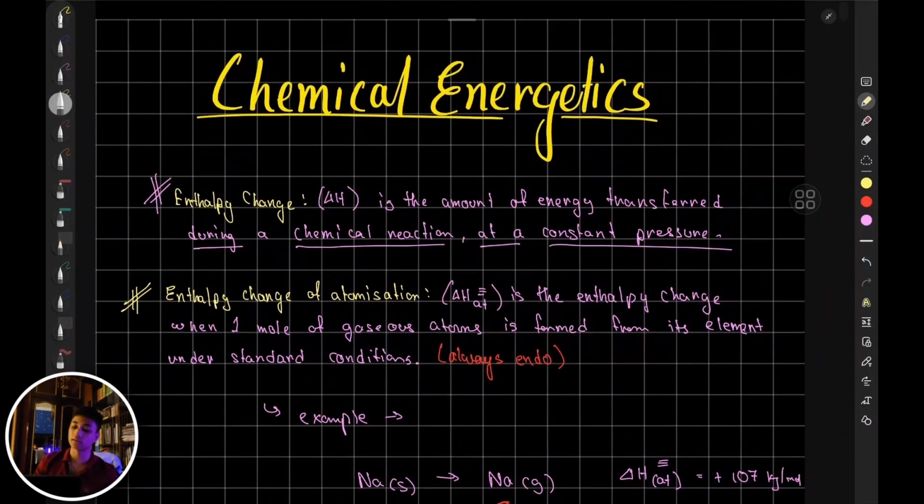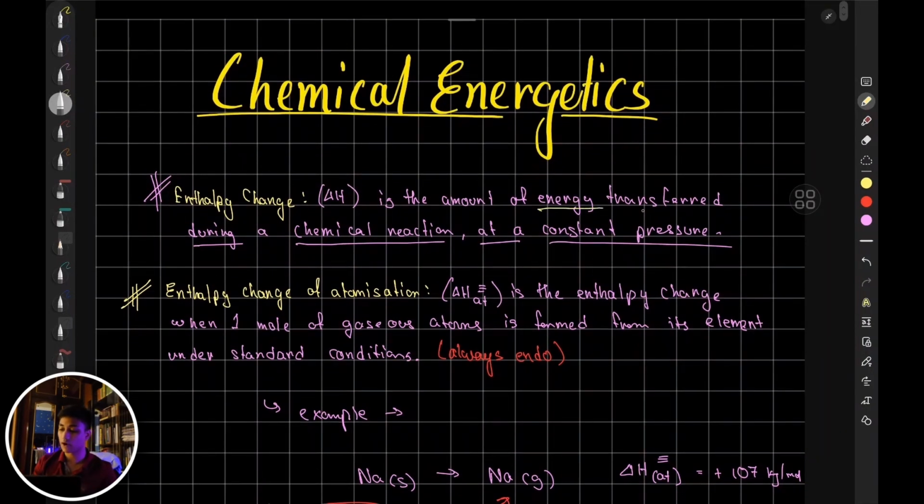So what does this mean? The amount of energy transferred, meaning the energy may be lost in an exothermic reaction, or the energy may be gained in an endothermic reaction. So enthalpy change is the amount of energy transferred during a chemical reaction at a constant pressure.